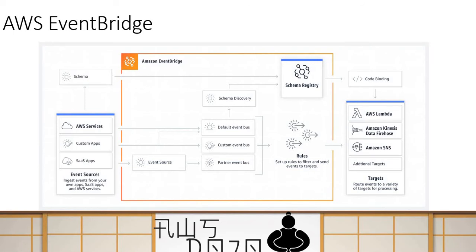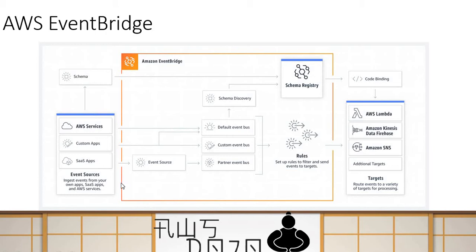In AWS EventBridge, you can either use the default event bus, or you can create your custom event bus or partner event bus to publish event messages. These event messages can be published from various sources, be it AWS services, your custom applications, or even third-party partner SaaS applications.